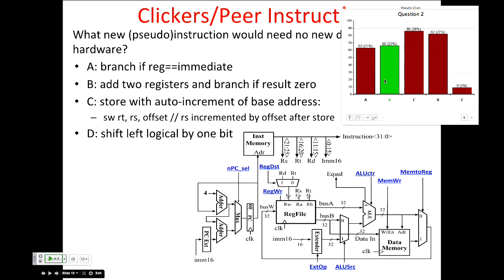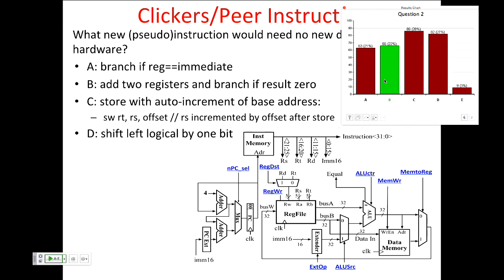A, let me just go through A. Branch if register equals immediate. This one's going to be the second closest to the correct answer. I can do a branch if two registers are equal, right? But if I want to compare a register to an immediate, in my I-type, the ones that I use for branches, the immediate field is used for the instruction offset.